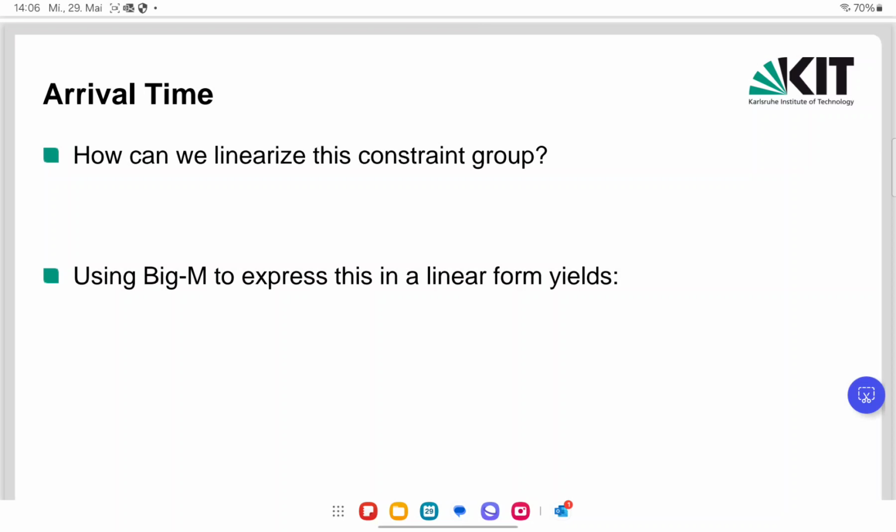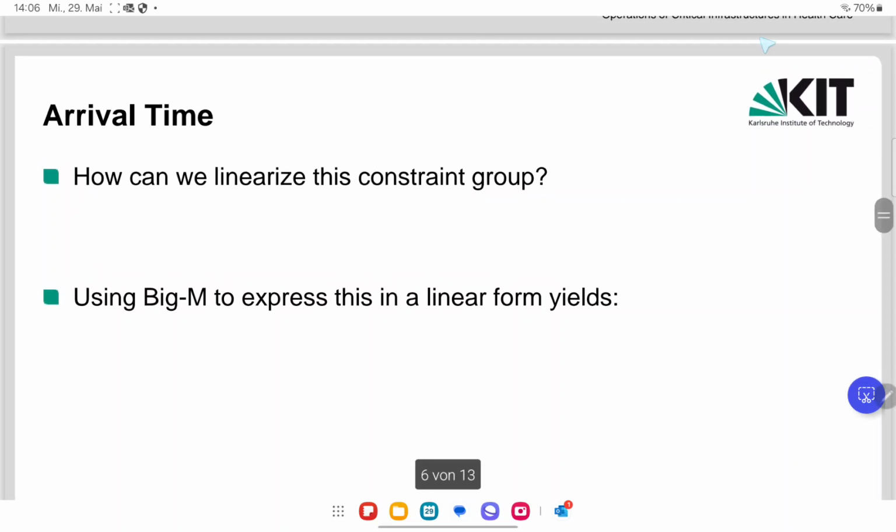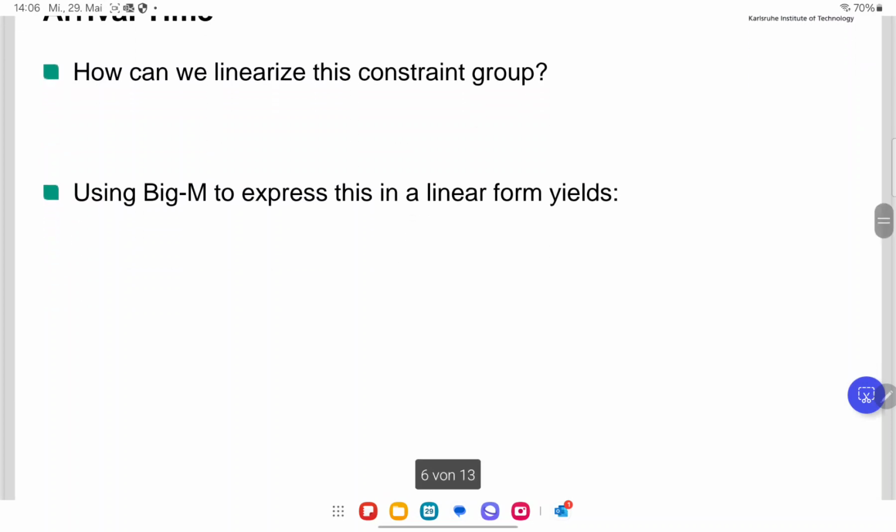What we can do is simply to check what if x_ijk is 1?